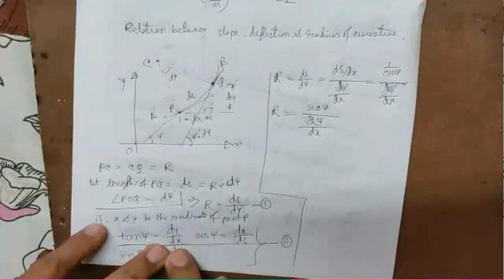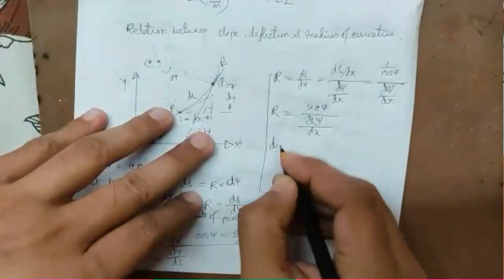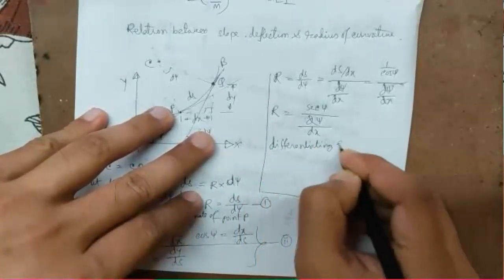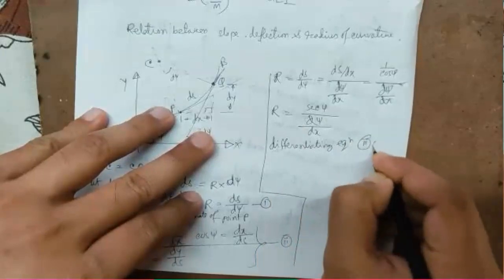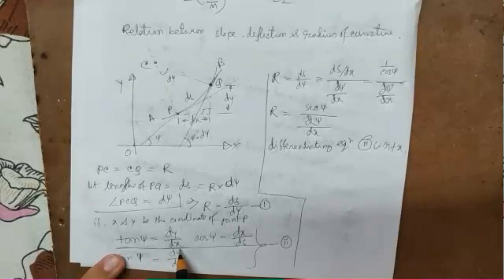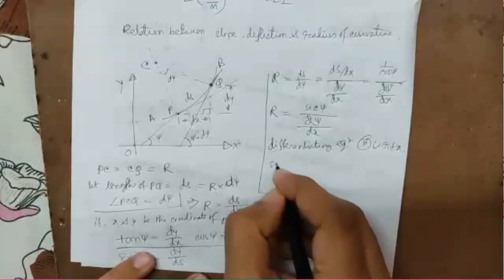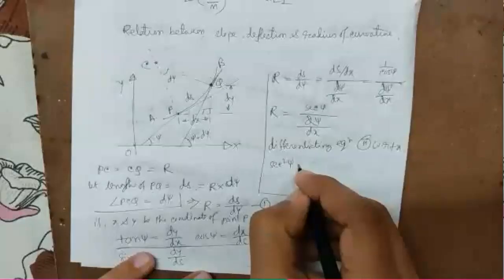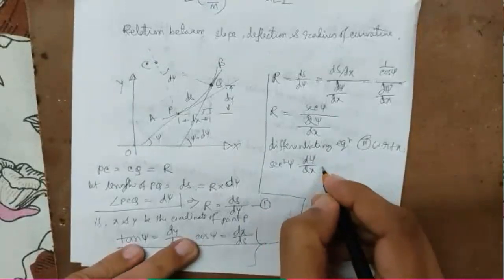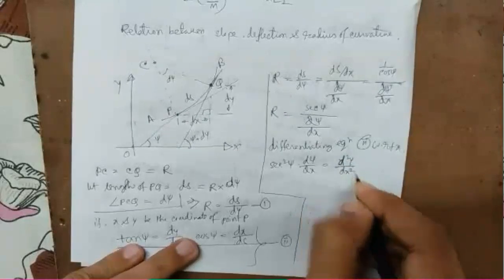So if we differentiate equation 2 with respect to x, this one, tan psi equal to dy by dx, we will then get sec square psi into d psi by dx is equal to d2y by dx2.